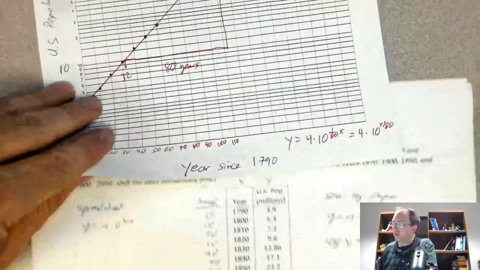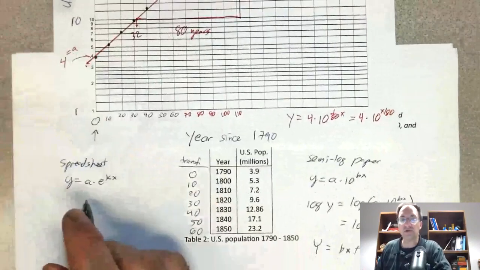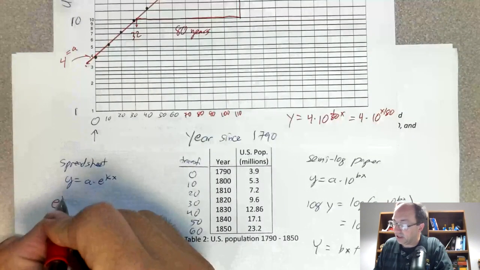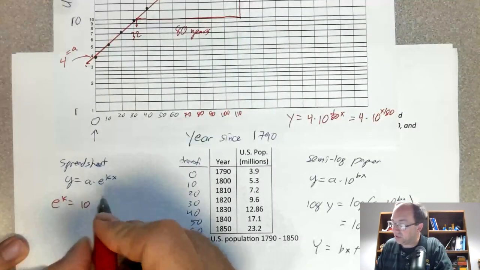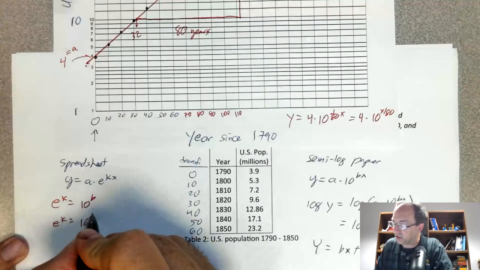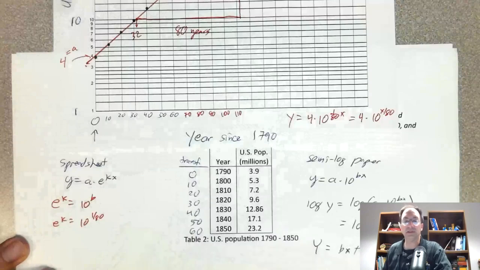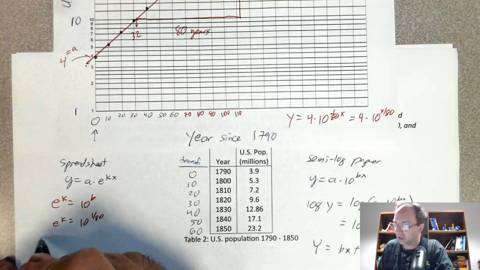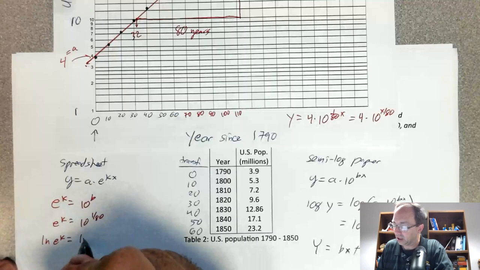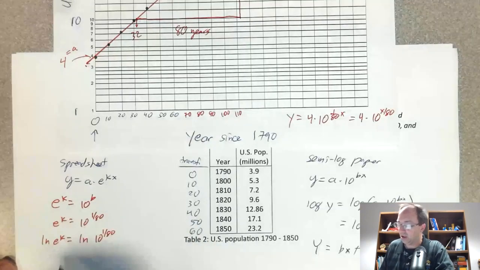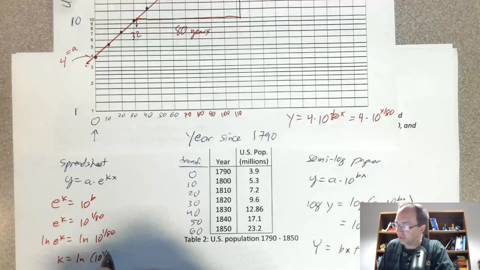Now, if we wanted to go back and compare that to our original function, we could set e to the k equals 10 to the b, right? Or in other words, e to the k equals 10 to the 1/80th, because everything else is the same. And then if I take the natural log of both sides, then notice natural log of e reduces to 1, so I have k equals the natural log of 10 to the 1 over 80.